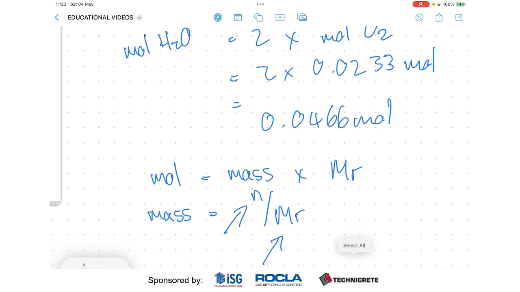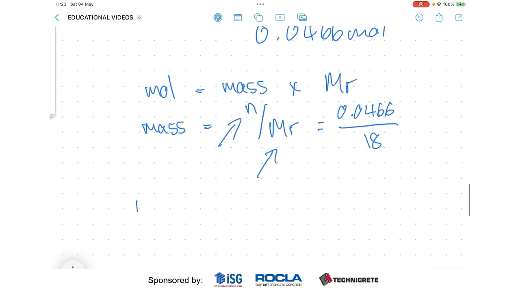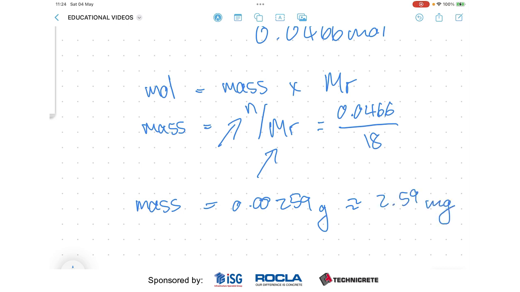So with that in mind, we basically have 0.0466 over 18, and that gives us a mass of 0.00259 grams. Wow, that's really small. You could rewrite this if you wanted to as 2.59 milligrams after 3.6 seconds.